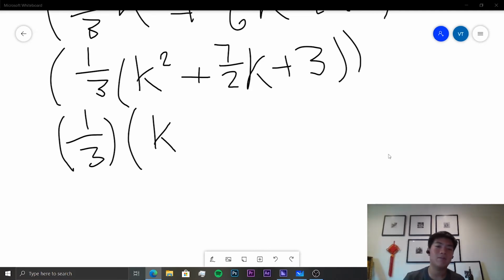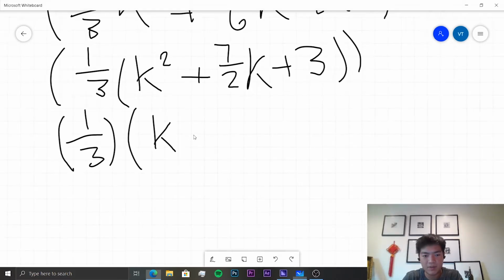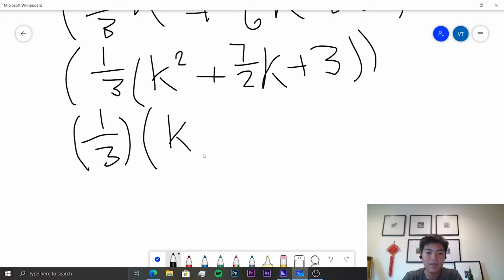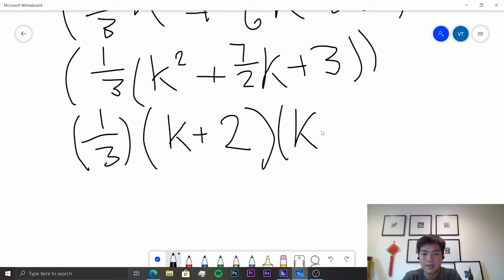Oh, I'm being silly. Why would it be 1? Of course it would be 3 over 2, right? So if you factor this, this would be (k plus 2) times (k plus 3/2), I believe.